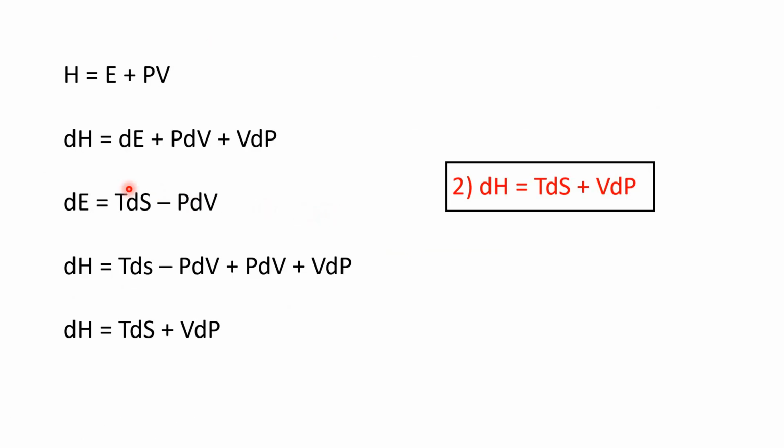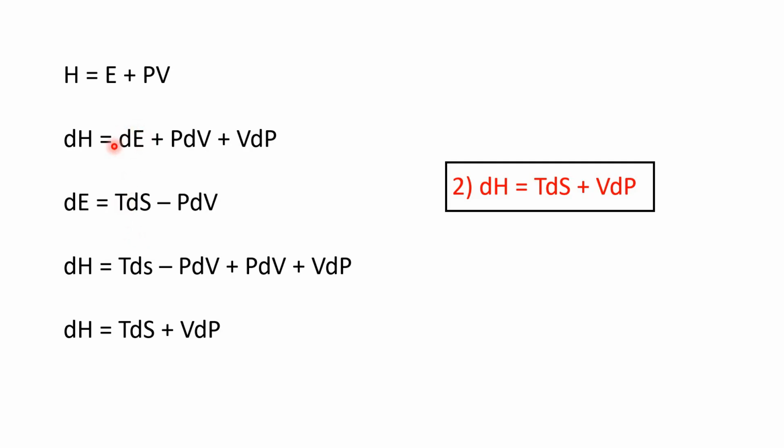For the second fundamental equation, with enthalpy, we know H is equal to E plus PV. If we take the complete derivative, dH will be equal to dE plus this differentiation: first function times differentiation of the second, plus second function times differentiation of the first. So PdV plus VdP. Just now we derived dE is equal to TdS minus PdV.